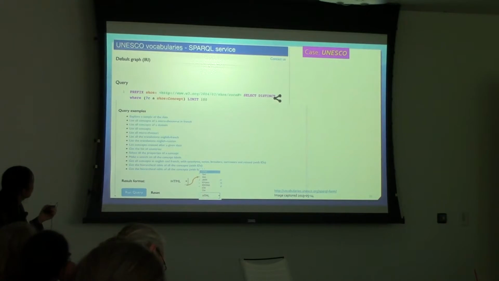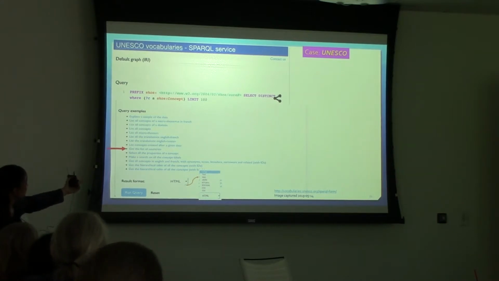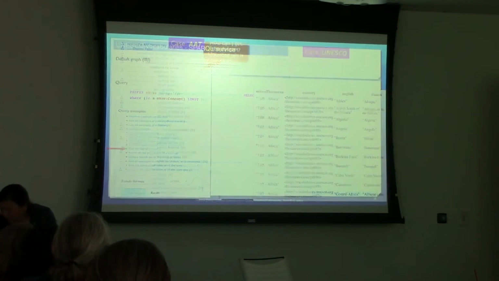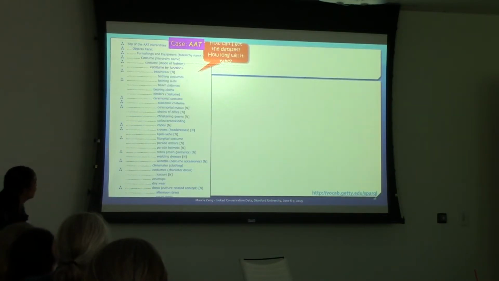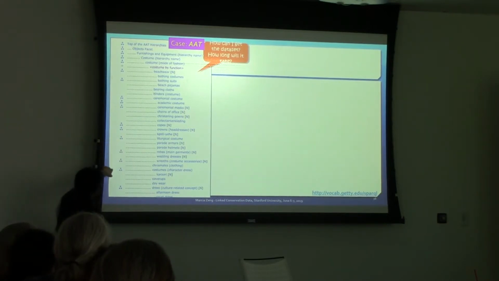And UNESCO, we talk about microthesauri, there are different ones. And you can get a list of the countries very quickly. It also has an example of getting from the AAT, for example, the costume by function.